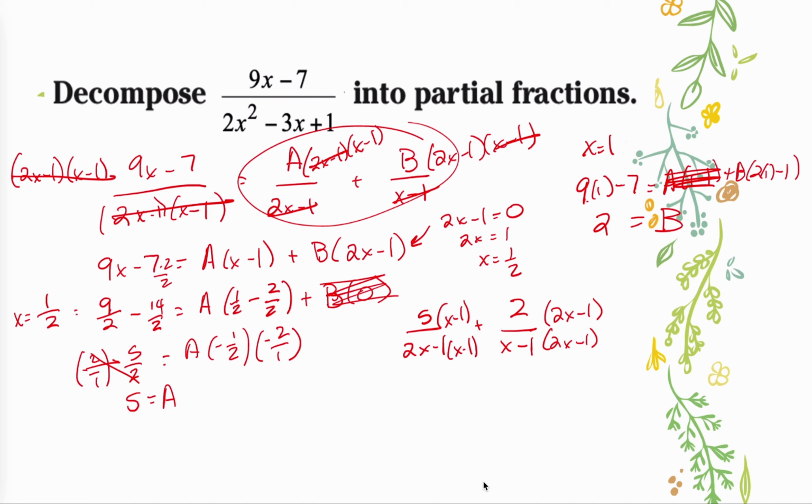Get our common denominator to check our work. And this is going to be 5x minus 5 plus 4x minus 2, which is 9x minus 7. So our answer is 5 over 2x minus 1 plus 2 over x minus 1.